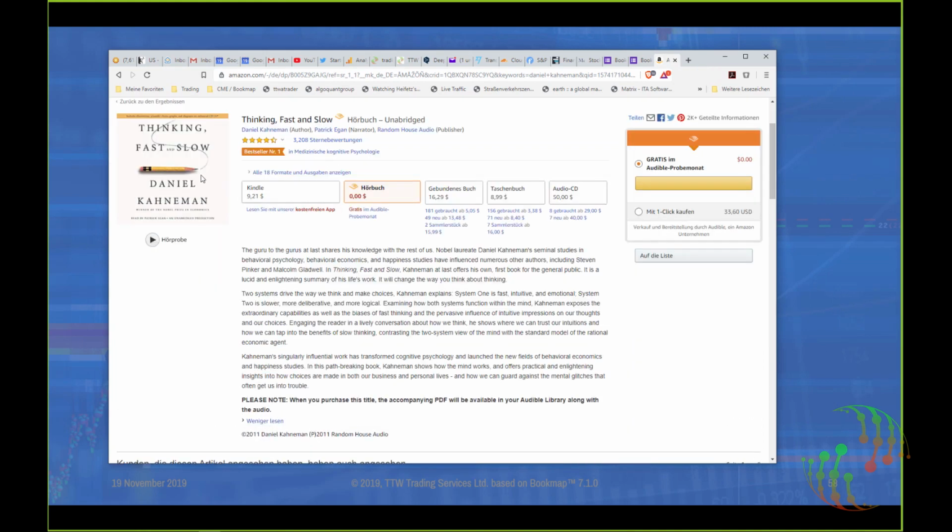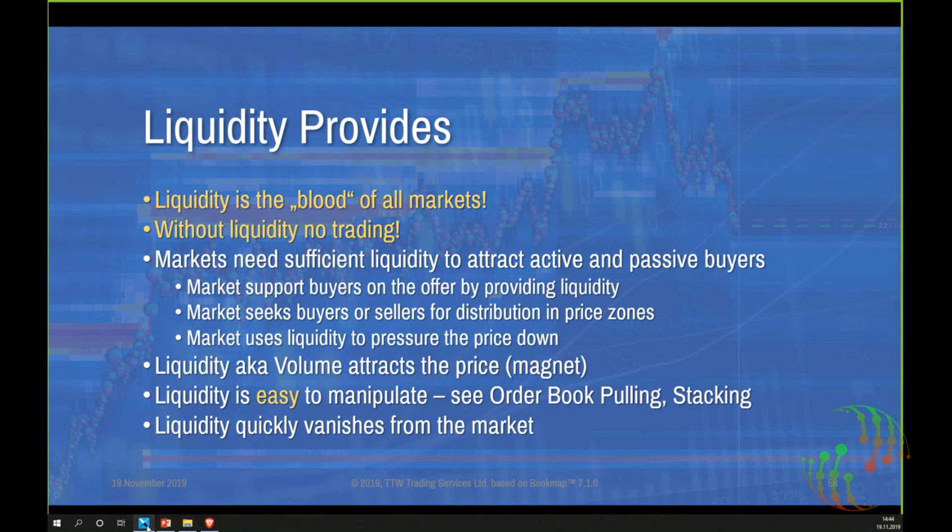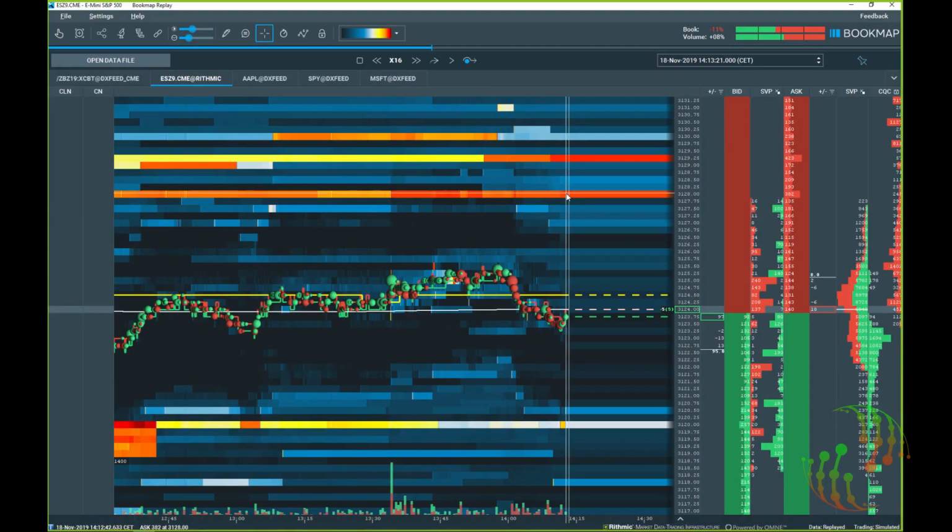I highly recommend to read this book or to get the Audible. We human beings are attracted to System 1. Fast, intuitive, emotional. By that I mean, if we see a red line here, then we want the price to go towards this line and then drop back immediately.